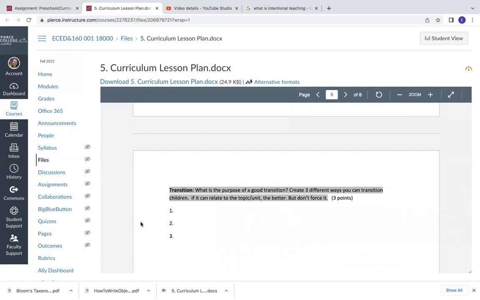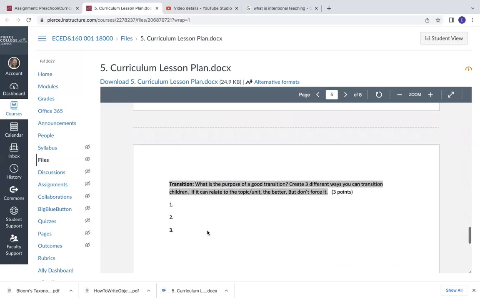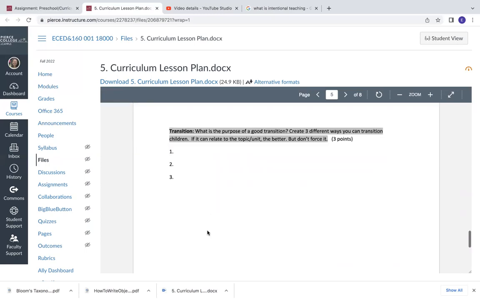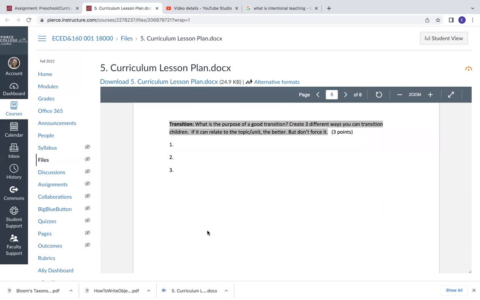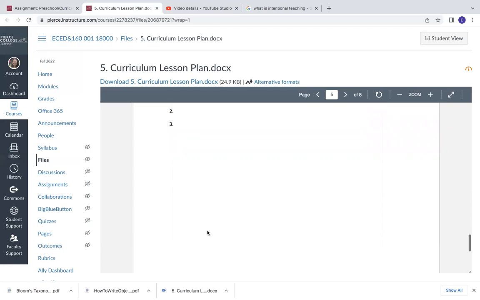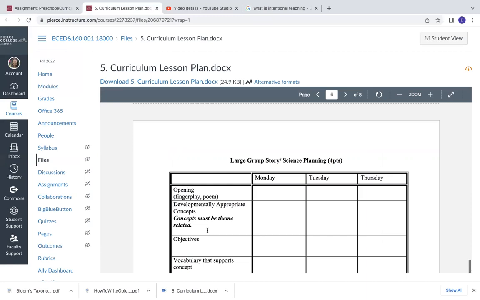So transitioning students: everyone who has read on stands up, everyone who has read on moves to the small group table. Transitions enable you to move children in a slower, less chaotic way, not everybody at one time, and they can also develop different concepts.